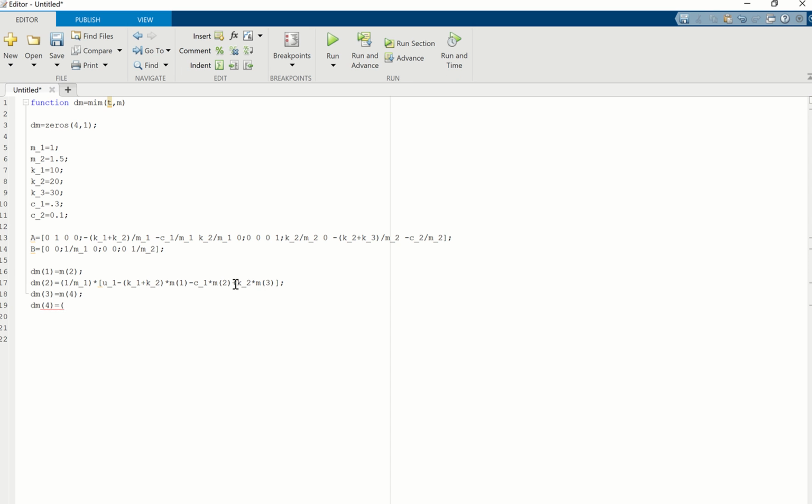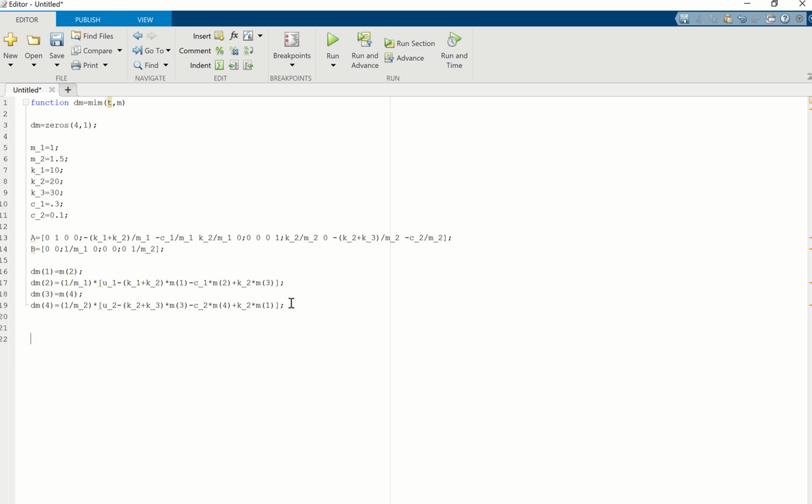So dm4 is 1 divided by M2 multiplied by u2, minus k2 plus k3 multiplied by m3, minus c2 multiplied by m4, and plus k2 multiplied by m1. Here we go.